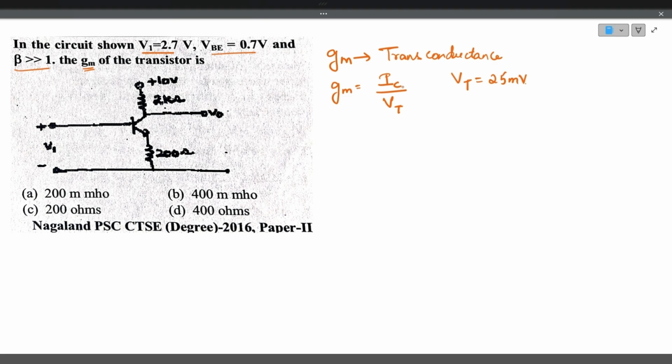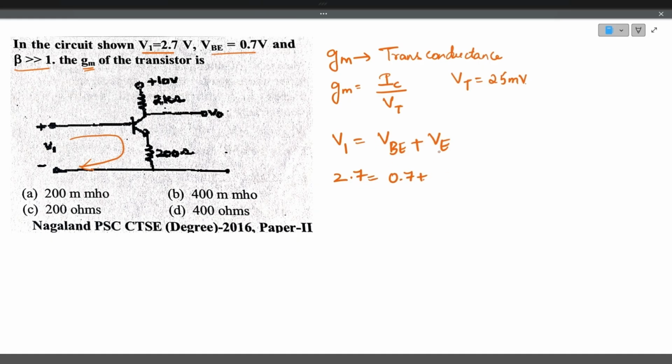So we need to find out the collector current or emitter current, because collector and emitter current both will be approximately the same. By applying the Kirchhoff voltage law in the input loop, you will get VI is equal to VBE, base emitter junction voltage, plus the voltage across the emitter resistance. So VI is 2.7 volts. The base emitter voltage is given as 0.7 volts.